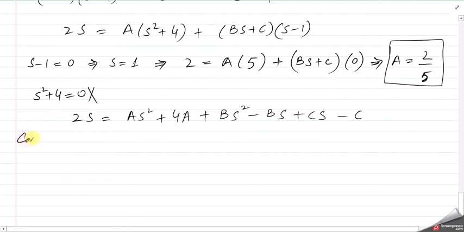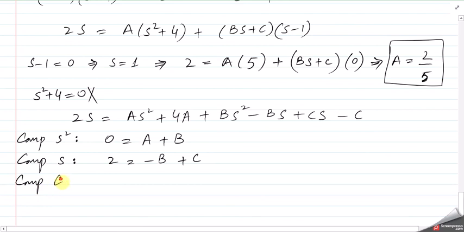We compare s square: no s square on this side, so 0 equals a plus b. Compare s: there is one s here, so 2 is the coefficient, only the coefficient. This one is s, so minus b, and this one is s, so plus c. Compare constants: no constant here, so 0.